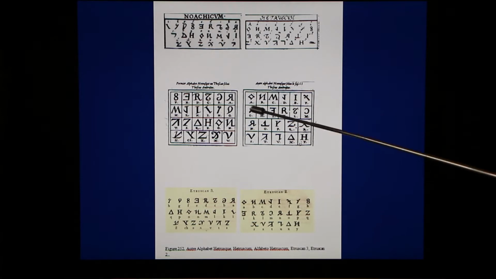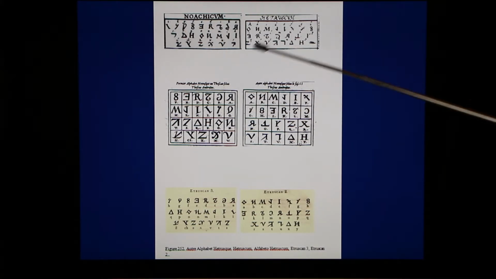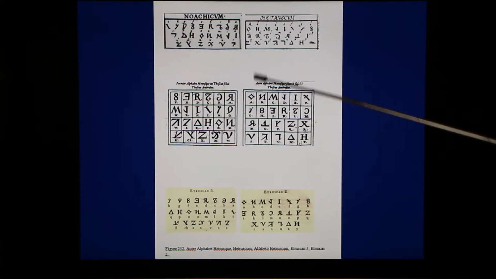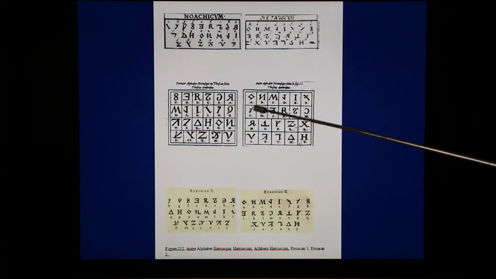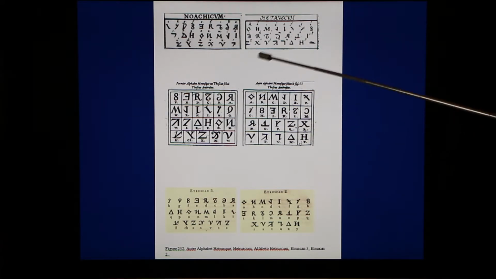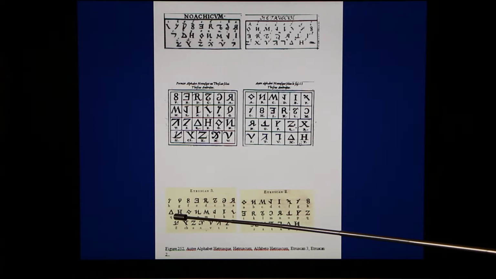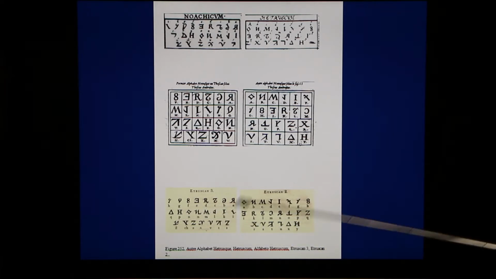The difference being that this one goes this way, and that one goes that way. But again, the connections are too clear to argue, and this becomes Etruscan 3, and this becomes Etruscan 2.